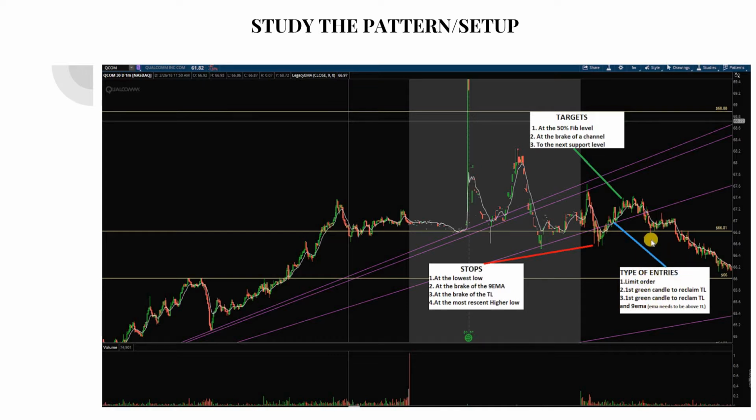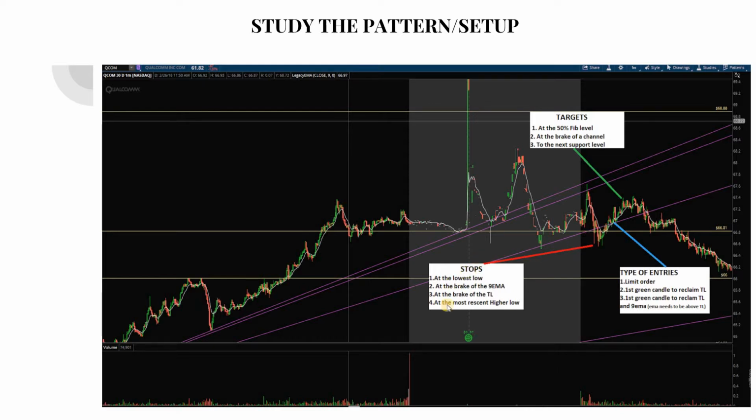different types of entries. At this point, it's whatever comes to your mind. You could have two, three, four, five, six different ways of entering the trade. Same goes for your stops.